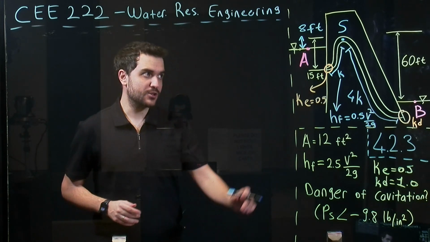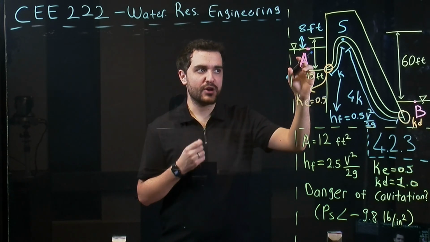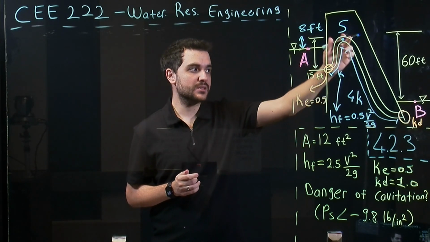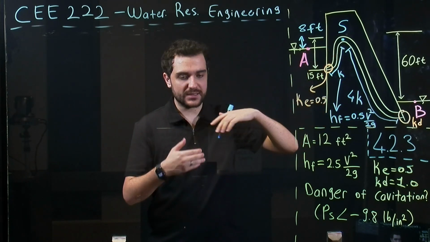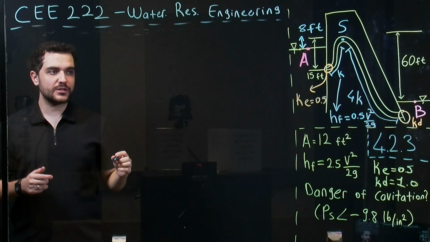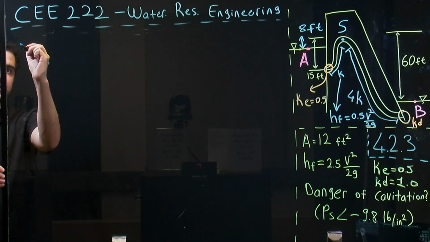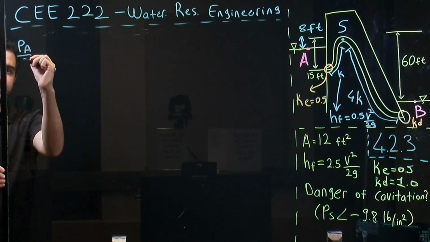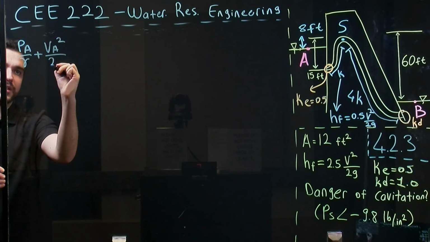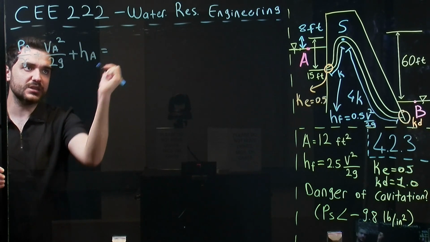Okay, since we need to find the velocity and pressure here, we need to write the energy equation between these two reservoirs, because it will give the velocity in this pipe, and finally we can calculate the pressure. So let me write the first side of the energy equation, which is pressure at point A, velocity head for point A, and the elevation of this point.